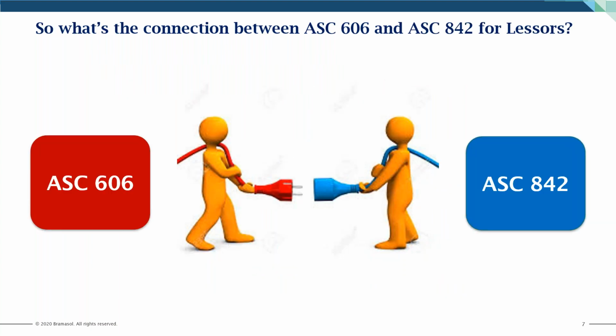So Julio, you talked about this briefly. What is the connection between ASC 606 and 842 for lessors? Well, there's a deep connection because lessor and lessee accounting is governed by ASC 842. On the lessee side, you have all the cost elements of it, which is recognizing cost.